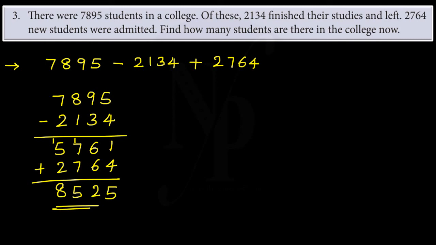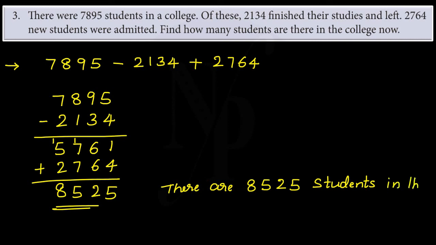in the college now. So you should write the conclusion as: there are 8,525 students in the college now.